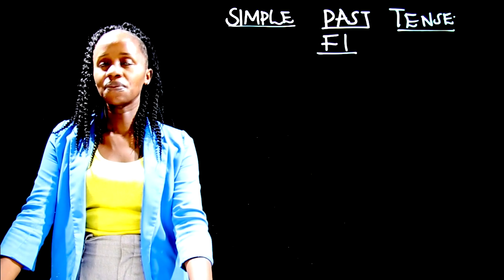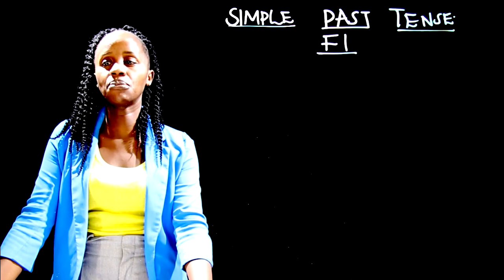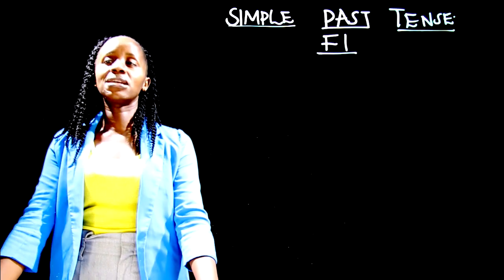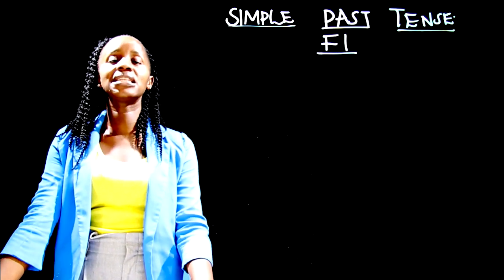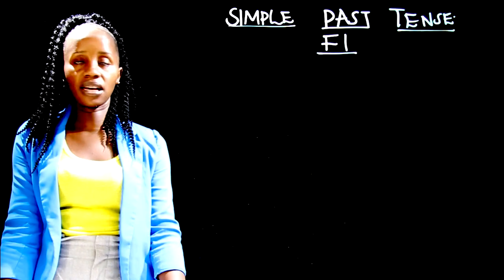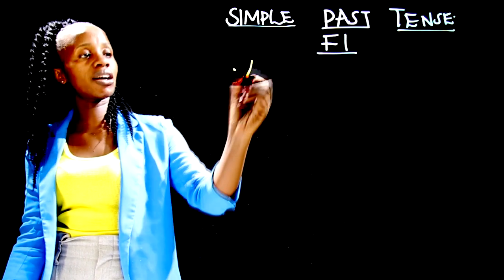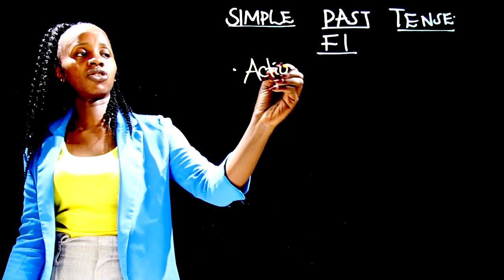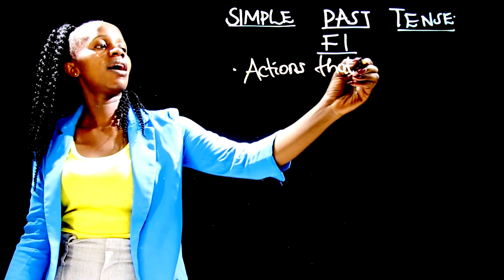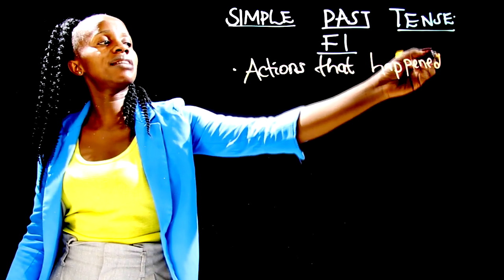Simple past tense. Just a reminder, the word past, even if you're talking to somebody, when one asks you, what did you do in your past? That automatically tells you it is something that has already happened.